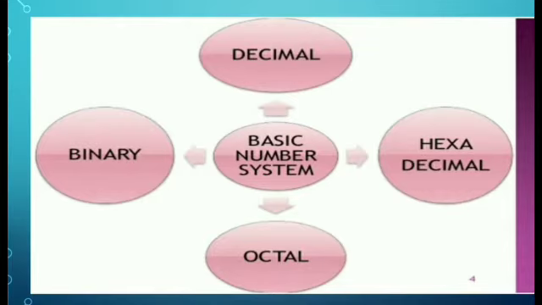And the basic numbers are classified into these four types. The first one is binary for the computer, then decimal, hexadecimal, and octal, for programming. Okay, students? Right.